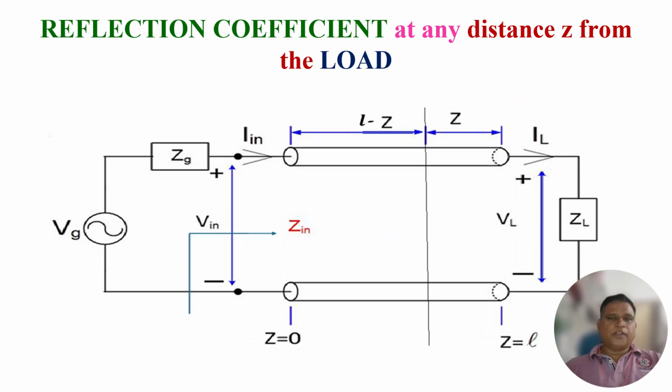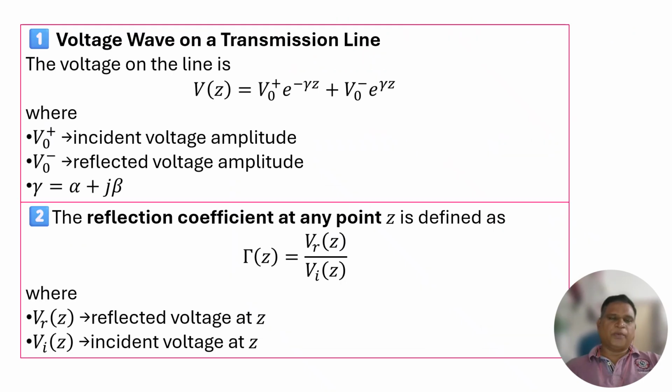Now, the reflection coefficient at any distance z from the load can also be found, in between z is equal to 0 and z is equal to L. This is the voltage wave equation on a transmission line. The reflection coefficient at any point z can be defined as VR of z and VI of z.